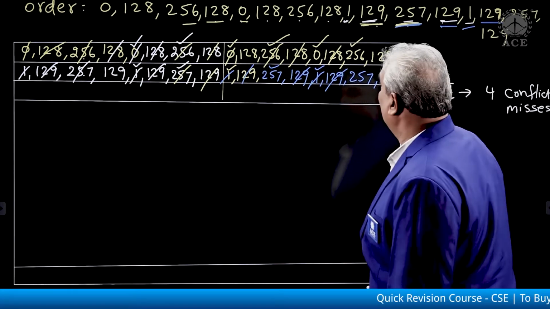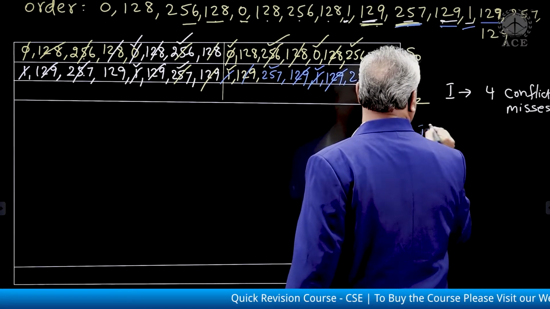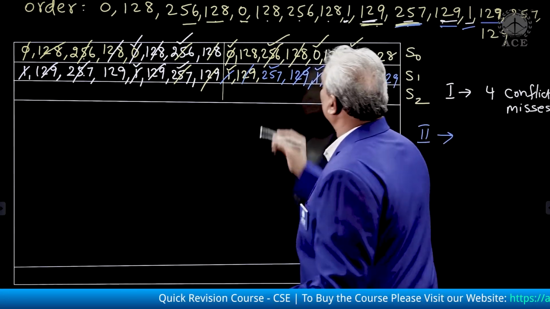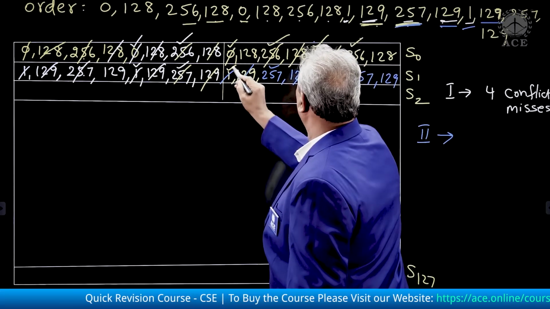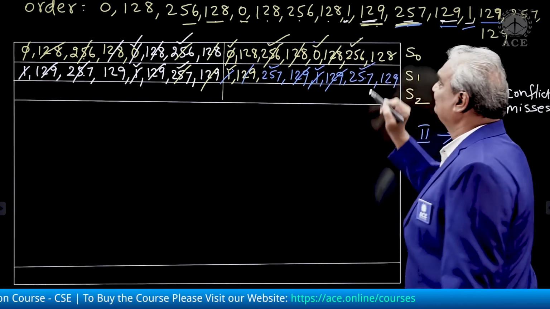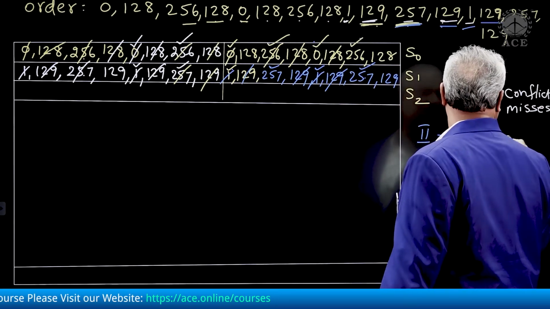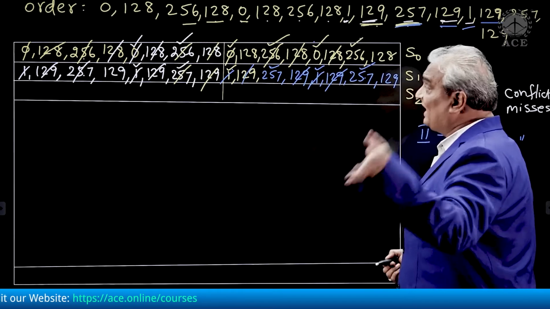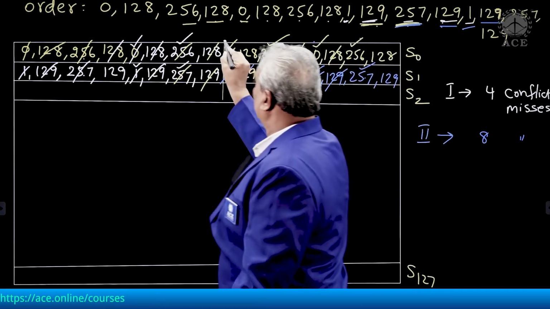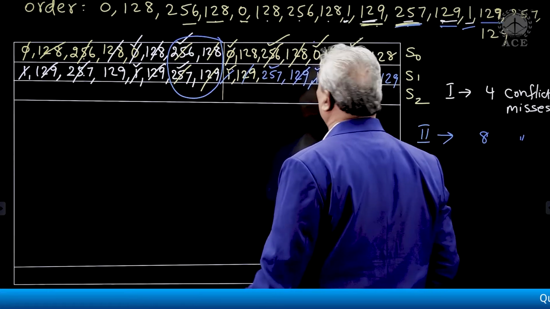For the first time, how many conflict misses? 4. Second time, how many conflict misses? 1, 2, 3, 4, 5, 6, 7, 8. 8. After completion of the first time, which blocks are available in the cache? 256, 128, 257, 129.